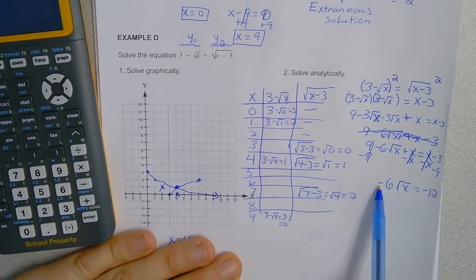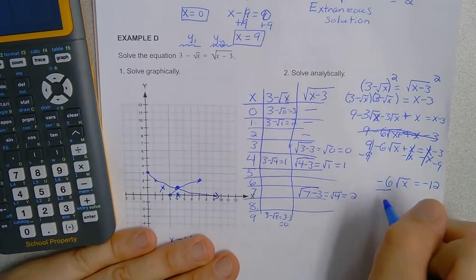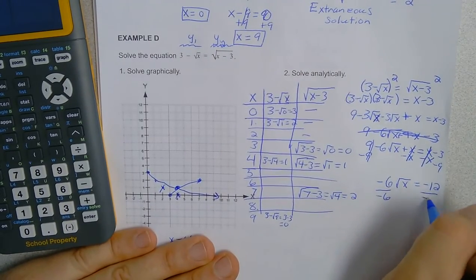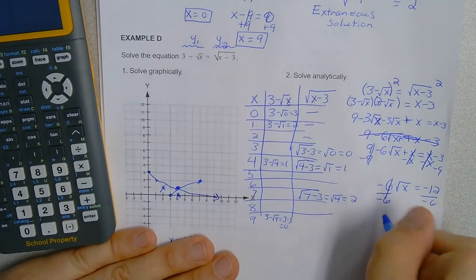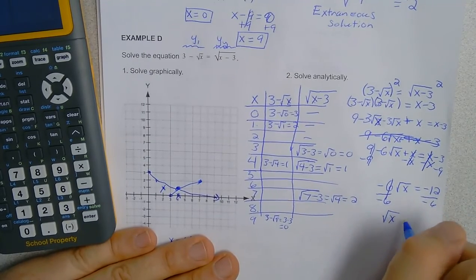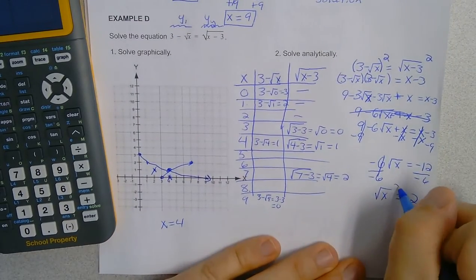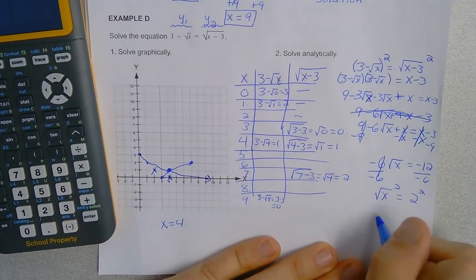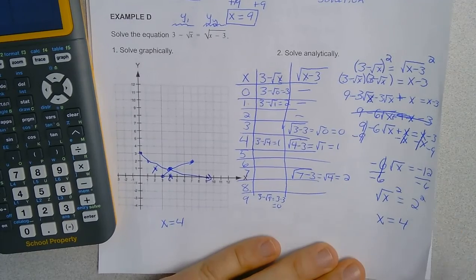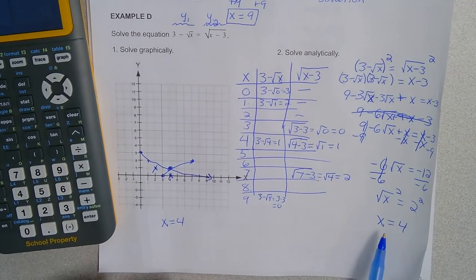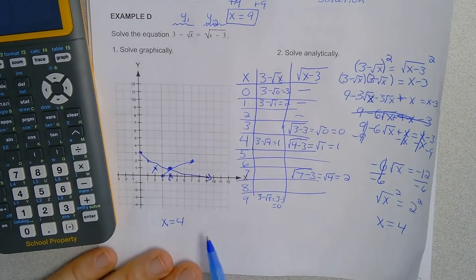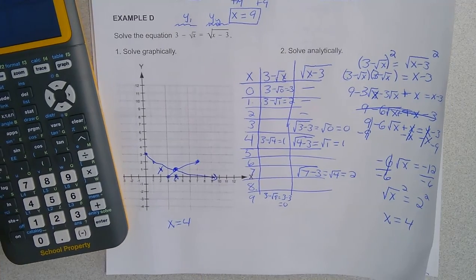And now to get rid of this negative 6, we have to divide both sides by negative 6. And then you will get the square root of x equals 2. And then you have to square both sides, and you get x equals 4. And then we don't have any extraneous roots, and it matches what we solved. So we are all set.